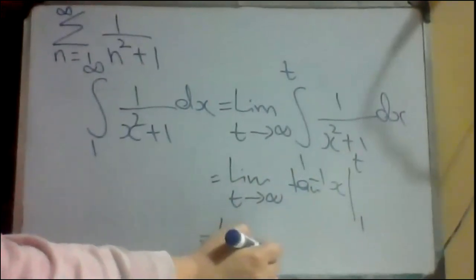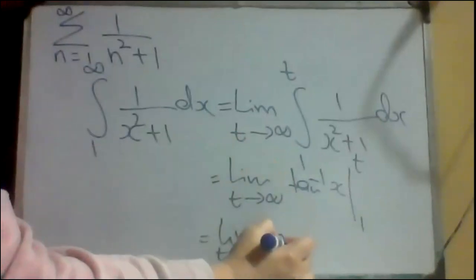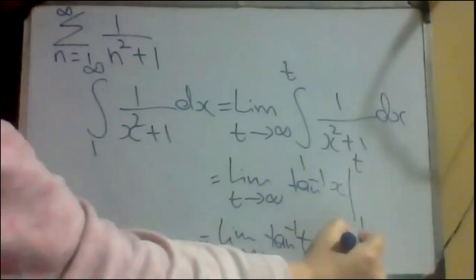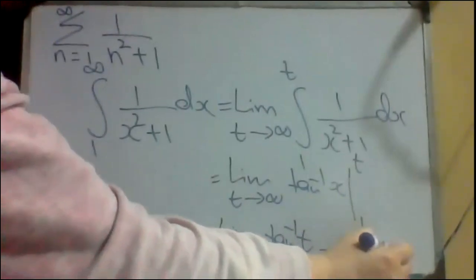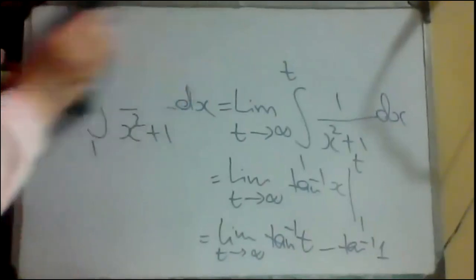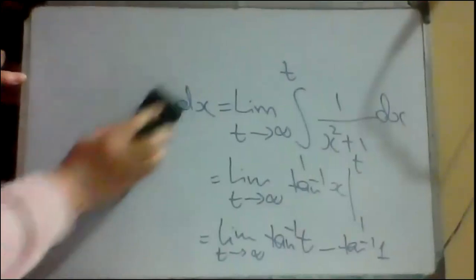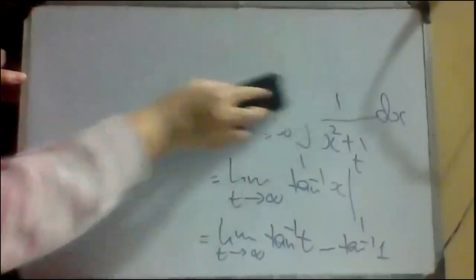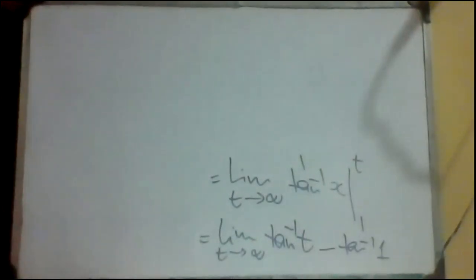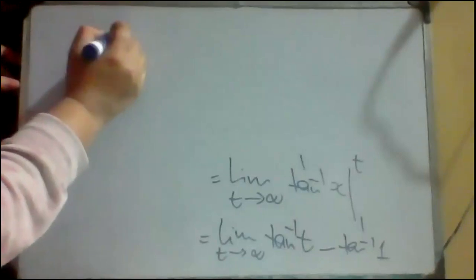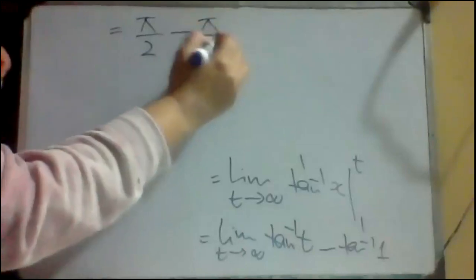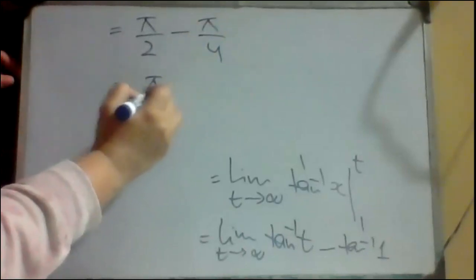So it becomes tan inverse of t minus tan inverse of 1. Now tan inverse of t when t approaches infinity is pi by 2, and tan inverse of 1 is pi by 4. So it becomes pi by 4.